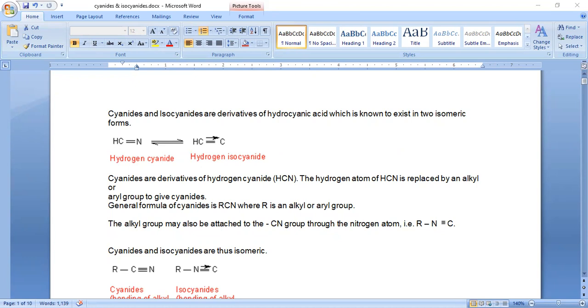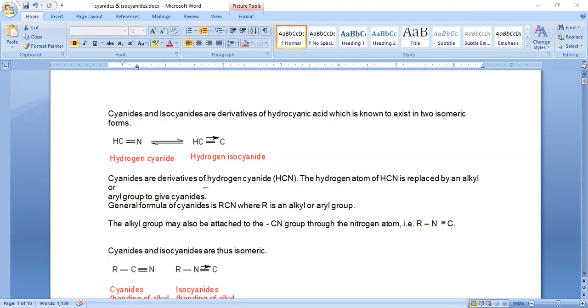So two electrons are donated by the nitrogen atom to the carbon atom. So the hybridization here is sp hybridization.